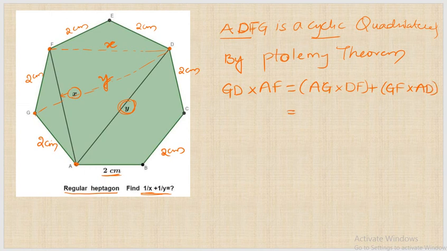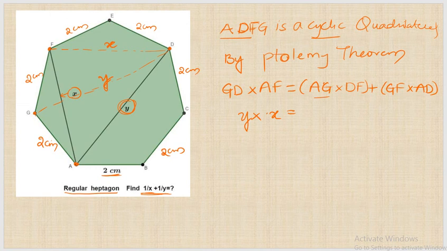Now GD is y, AF is x, so the left side gives y into x. What is AG? From the figure, AG is 2, and DF is x.